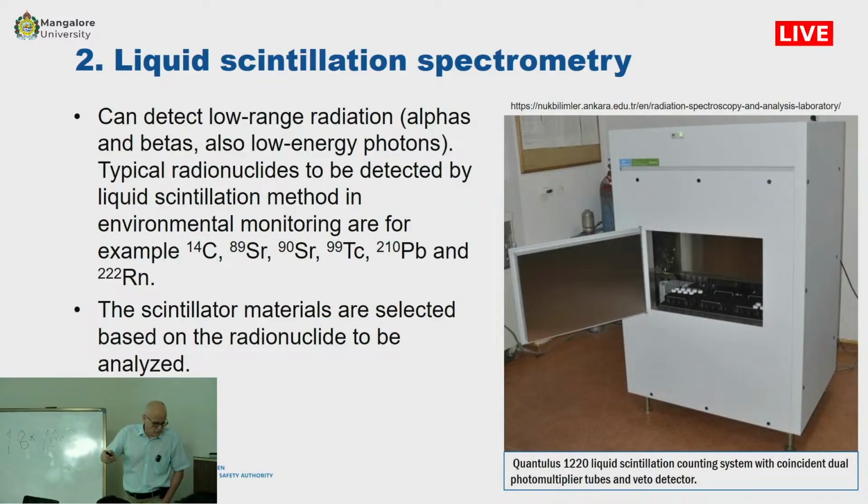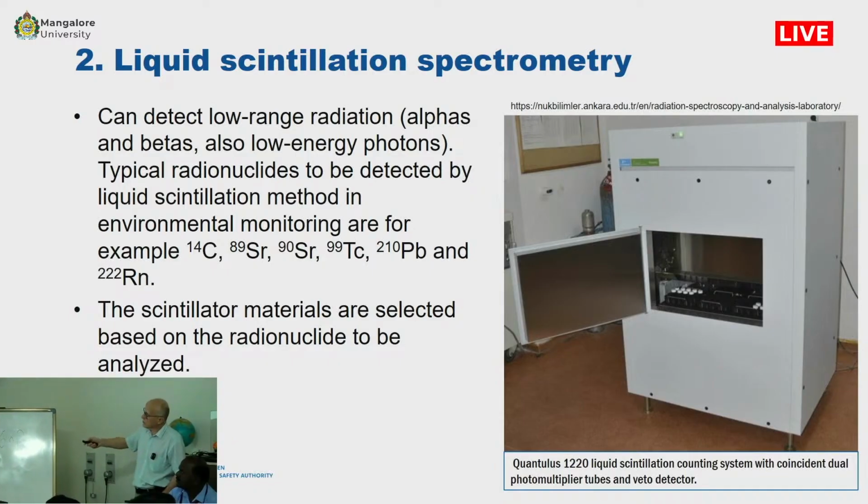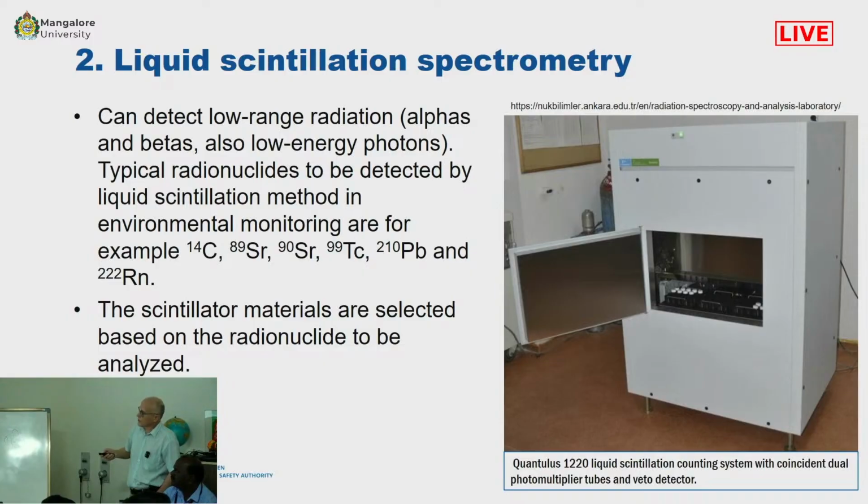So the point is also that the scintillation materials are selected based on the radionuclide to be analyzed. This is the Quantulus system. Do you have this coincident dual photomultiplier? Yeah. We have the same LSE. Yeah.